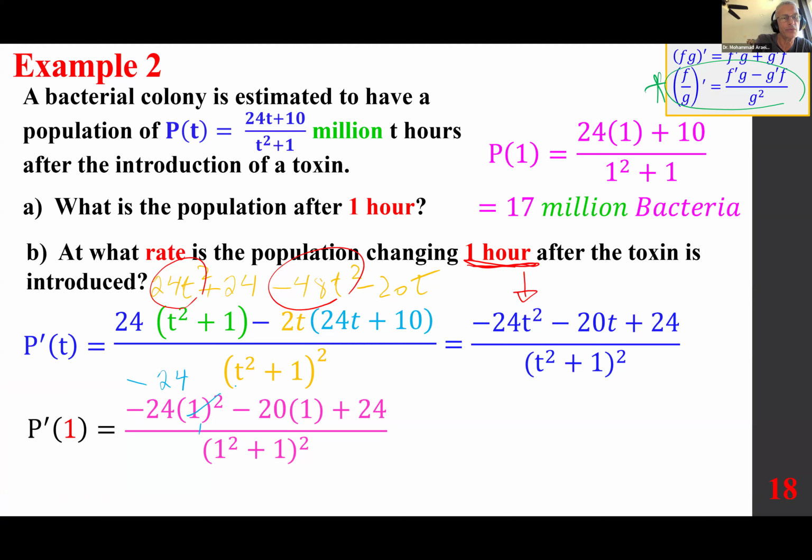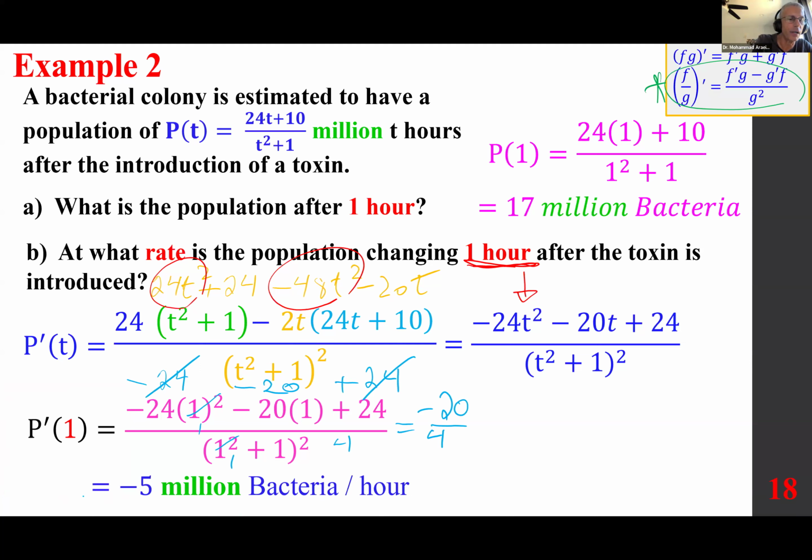You get negative 24 minus 20 plus 24. This is 1. 1 plus 1 is 2. Squared is 4. Negative 20 over 4, or negative 5 million bacteria per hour.